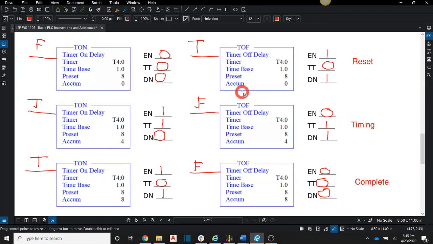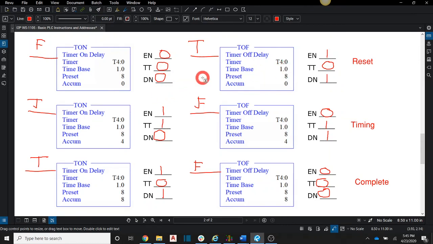Now, if we look across here at the states, the enable bit is polar opposite across for all three states. See that? And that makes sense. This one's for on delay and this one's for off delay. If you look here, the timer timing bit for both types of timers is the same. So that didn't change.